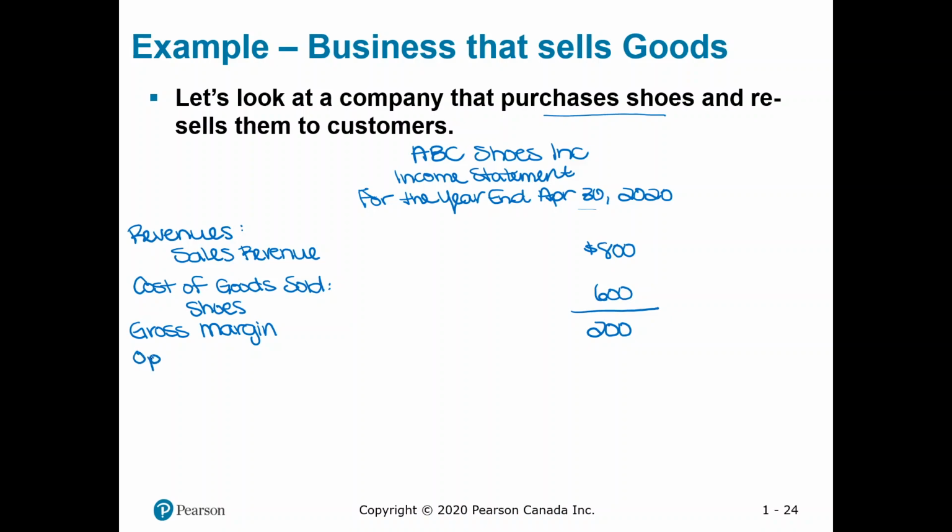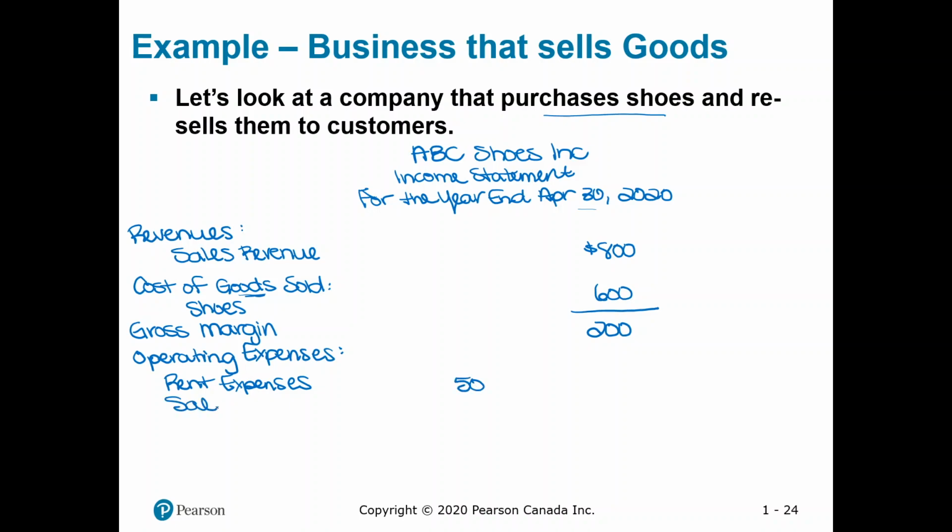Below that, we now again go back to what we've seen and we break out the operating expenses. So these are more expenses related to running the business, but they weren't directly linked to the cost of those goods sold. So here we have rent expense. So we need to have a storefront to sell those shoes. The rent for that goes in operating expenses. That's $50.